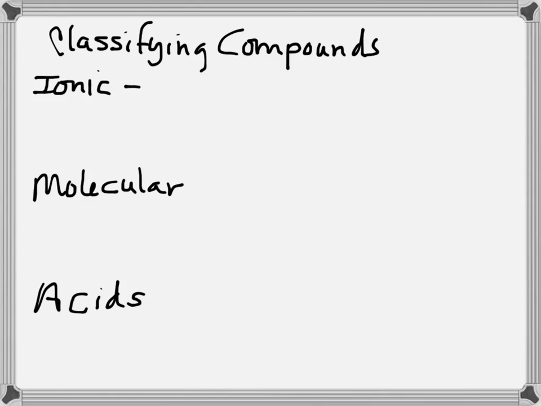So ionic compounds contain ions. That's a clue from their name. They contain ions. In order to have a compound made out of ions, we need positively charged ions and negatively charged ions. And so these compounds are going to have at least one metal.